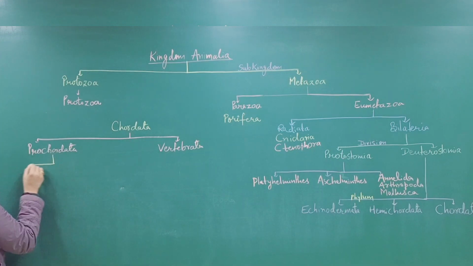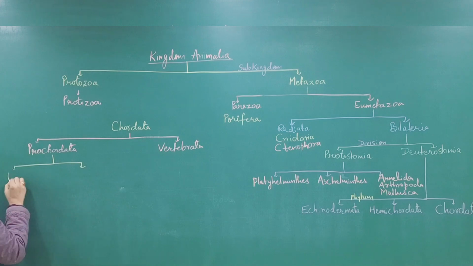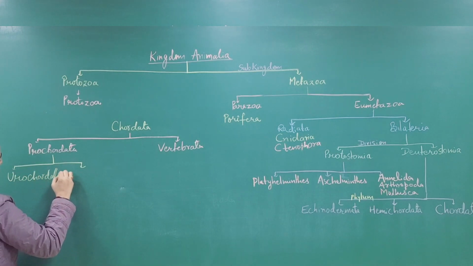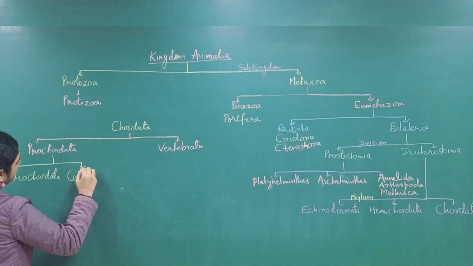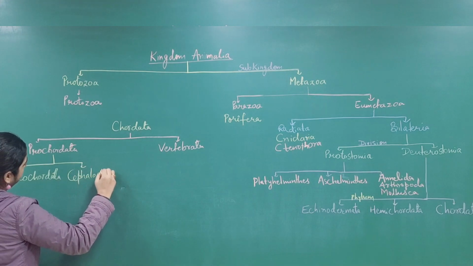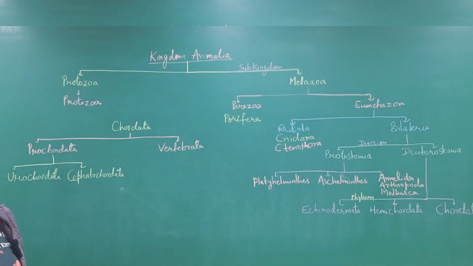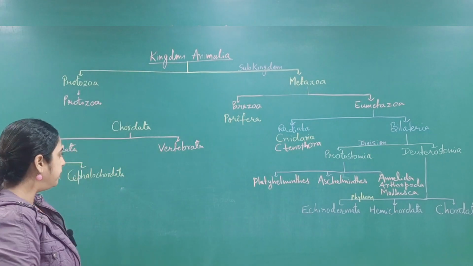Protochordates are further classified into Urochordata and Cephalochordata. I am just telling you the flow chart. We will be discussing all of these in detail further.